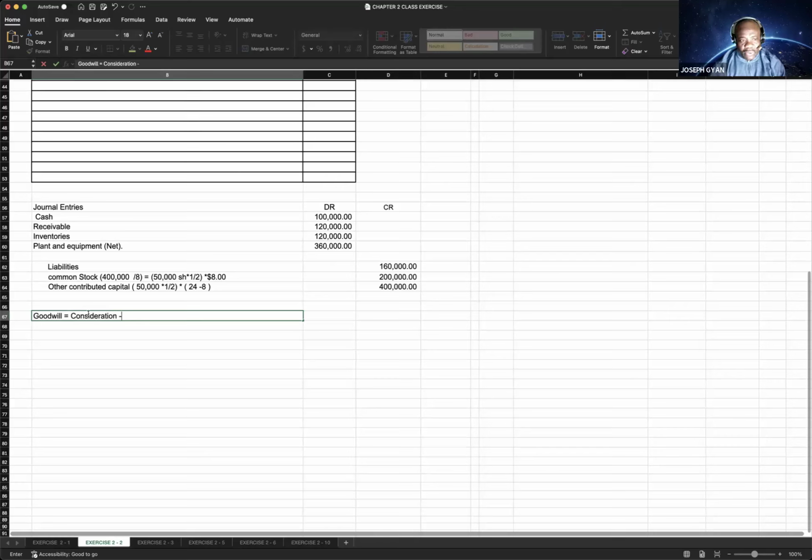Goodwill calculation: consideration transferred minus the net identifiable assets. So we are paying them stocks to buy the company. Yes, very good. Remember the consideration: you can either give them cash or debt, or you can give them the stocks. Remember chapter 1.